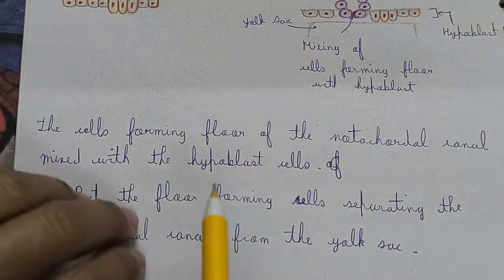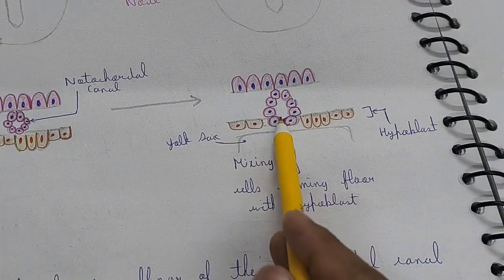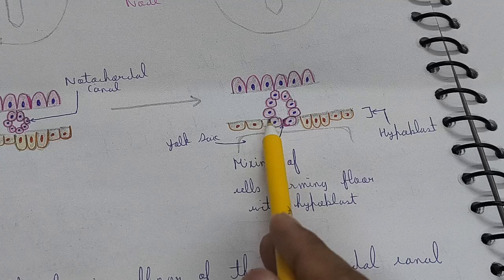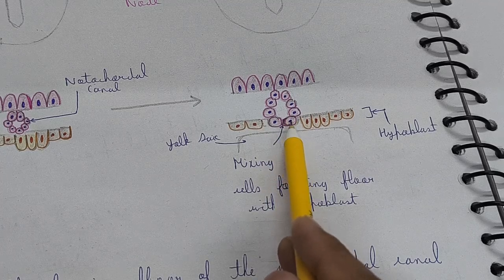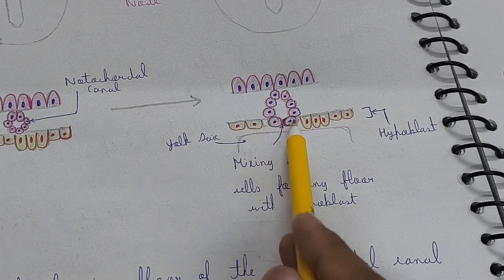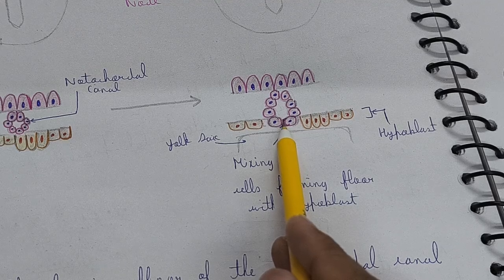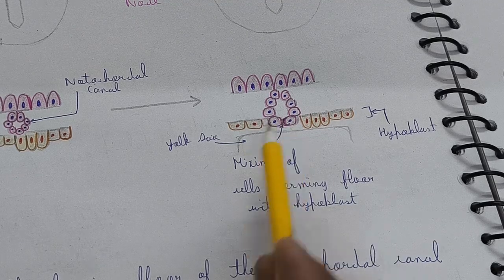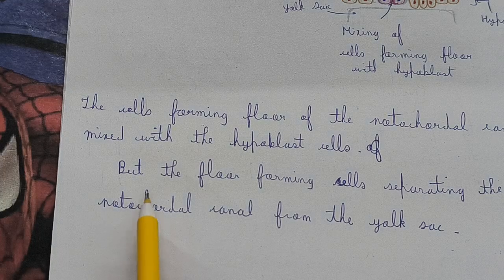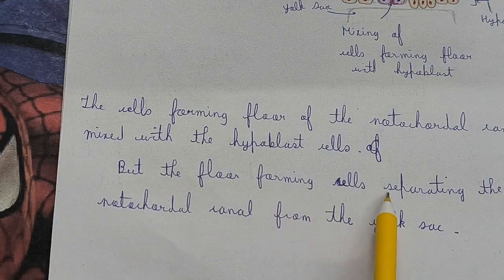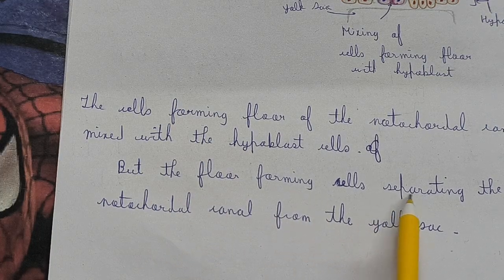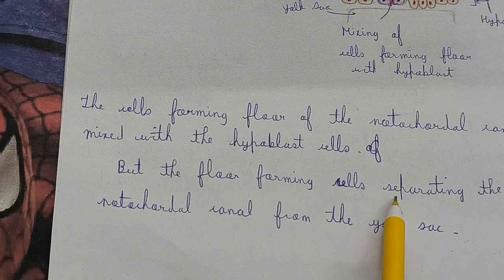But till now, all the cells forming the floor of the notochordal canal continue with one another. As a result, no cavity or space is found between any two cells. So I have written that the floor forming cells are joined together so that there are no cavities.